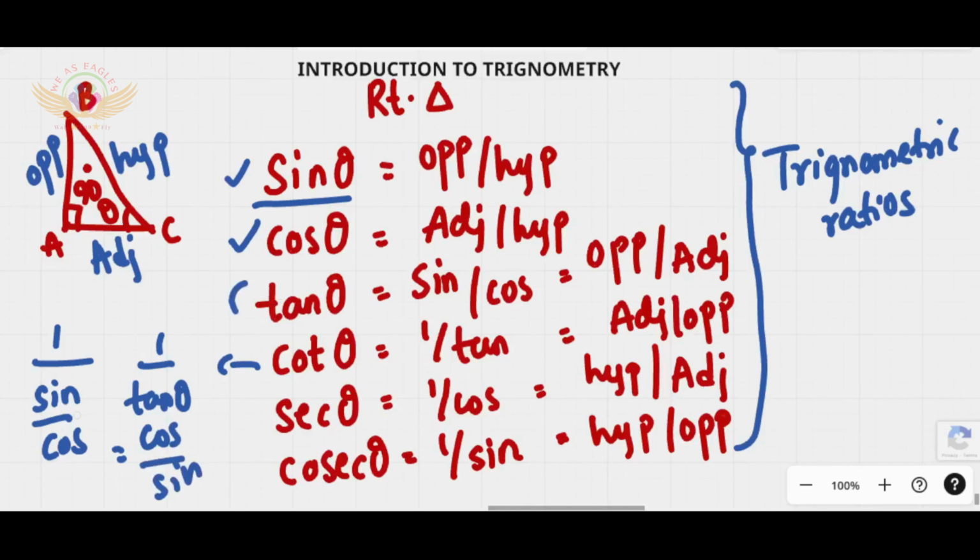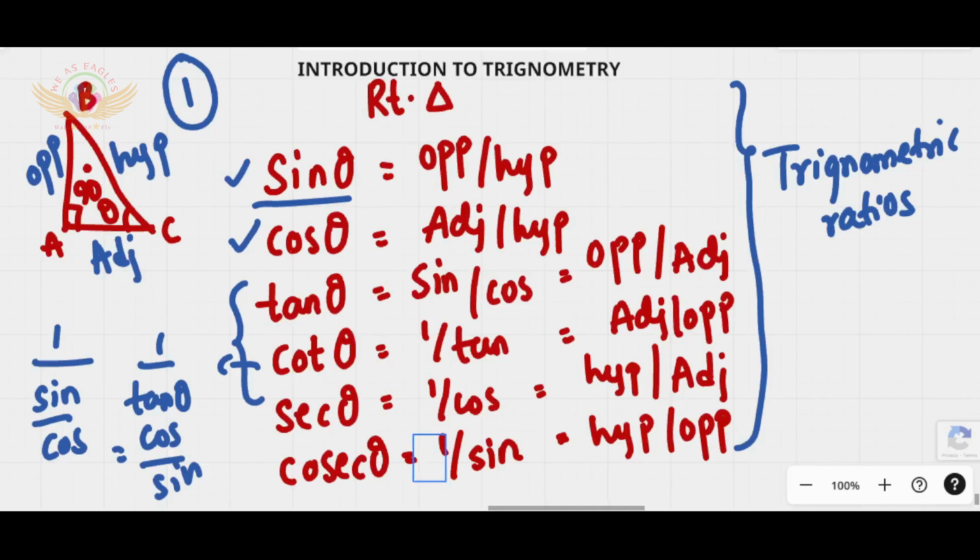So tan and cot have a relationship of sine and cos, and secant has a relationship of only cos because it is the inverse of cos, and cosecant has a relationship of sine because it is the inverse of sine. These are called the trigonometric ratios, the very first important topic of trigonometry.